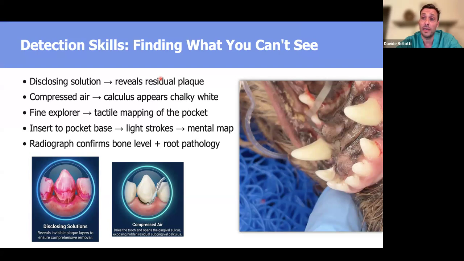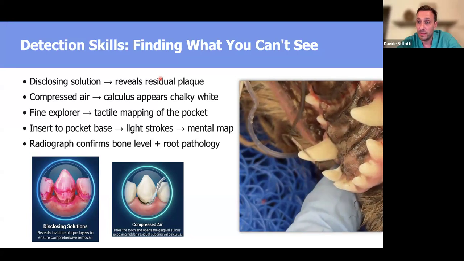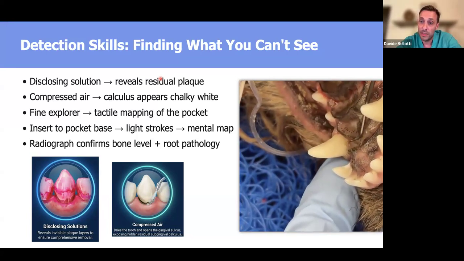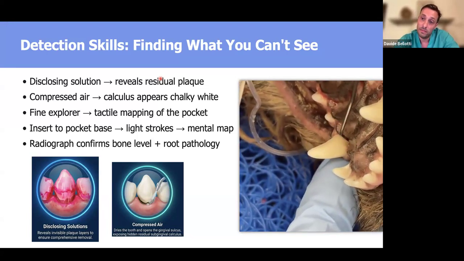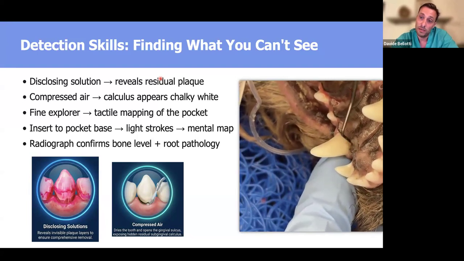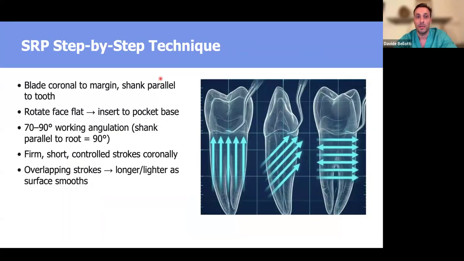Or with the explorer or the curette, we can do a tactile mapping of the pocket to check for calculus or ridges. So here's a video, and you can see under the gingiva in the pocket, after a cleaning, sometimes you can still find some calculus.